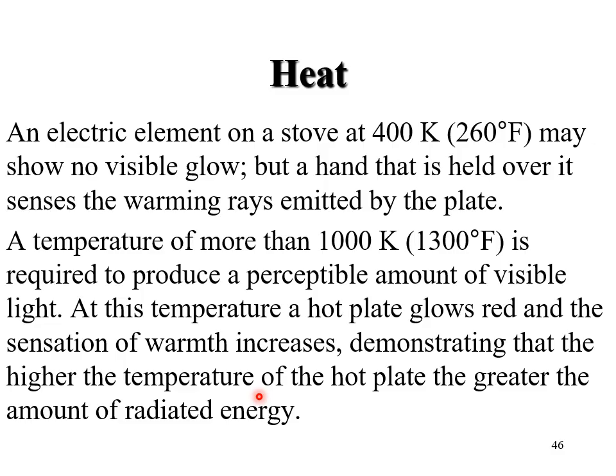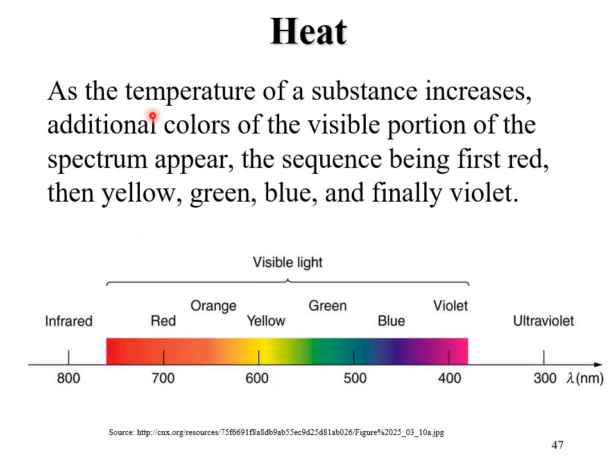And this shows you that the higher the temperature of the hot plate, the greater the amount of radiated energy, right? Because of the temperature change and because of the higher input of electricity to make it hotter, you now also have more radiated heat coming out. And that's how you can cook your food faster or burn it very easily. As the temperature of a substance increases, you actually get more colors on the spectrum, and these are where you have different flames.